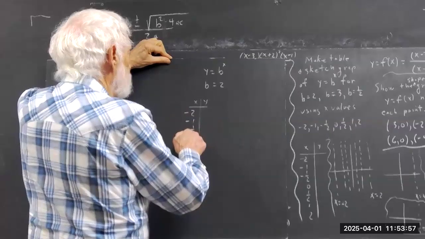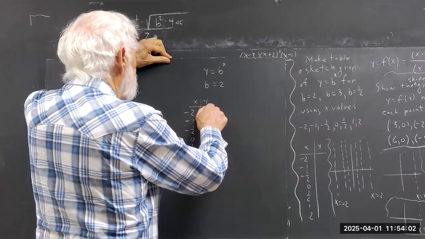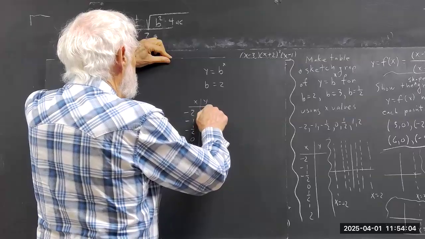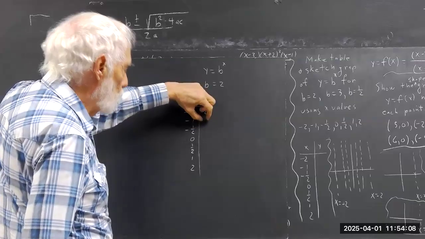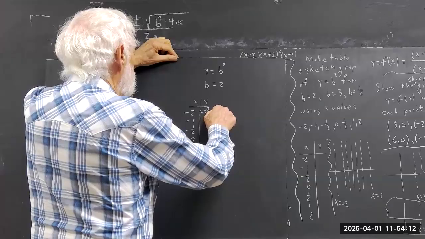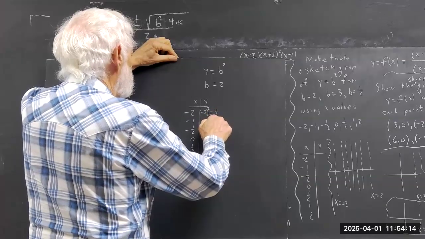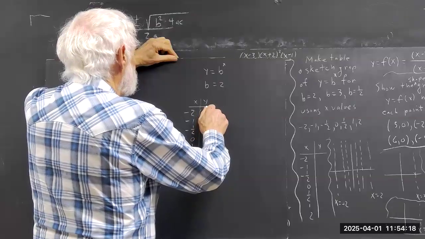Okay, if x is -2, y equals -2 squared, not negative of 2 squared, but the whole -2 squared, which is what?